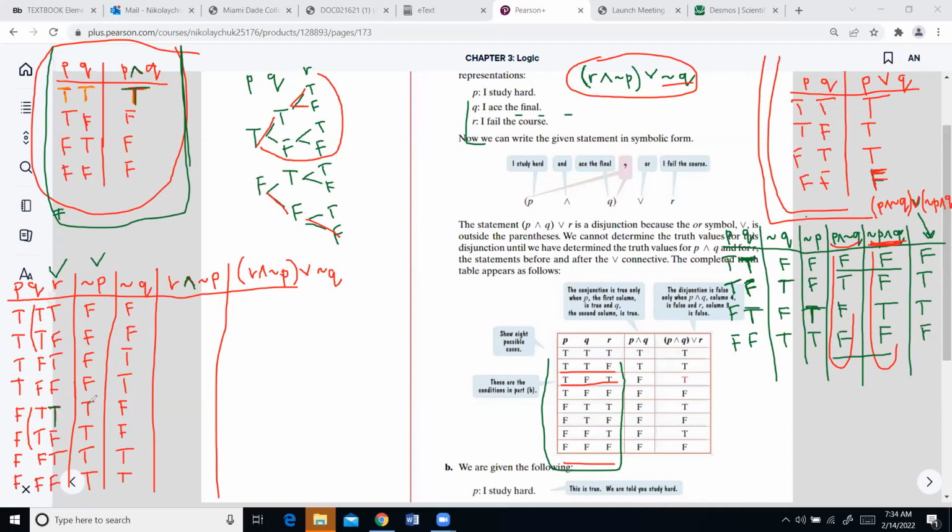Well, I see the first encounter here, so the T will go here. And I see another one here, T here, T here, so the result is T. Everything else is false because we don't have both T's. So I put F's everywhere.